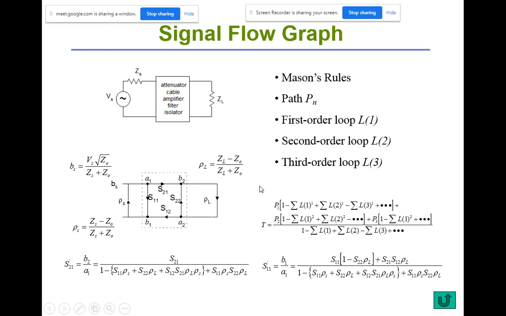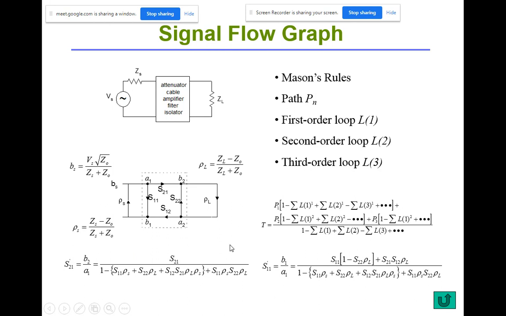How do we use the path gain, first order loop, second order loop, and so on? We apply these rules. The T can be S21, can be S11, can be S12, can be S22, and so on. T can be any path.